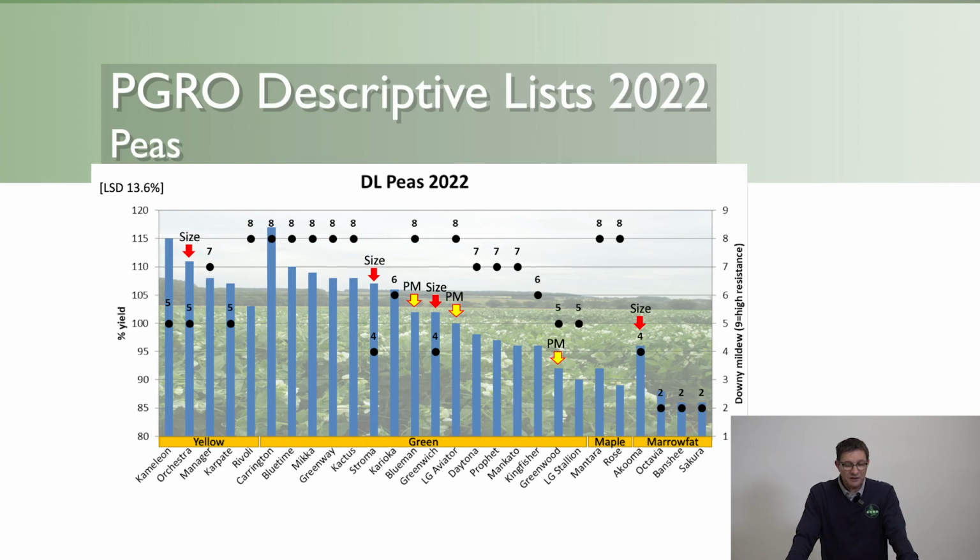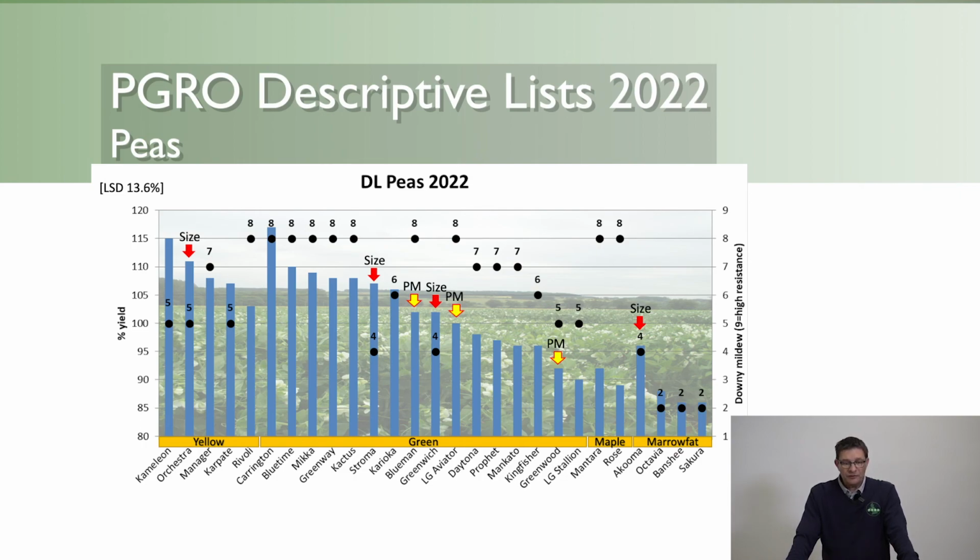In terms of size, within the yellows, Orchestra is the largest seeded at 311 grams. In the green seeded type, Stroma at 309 grams, Greenwich largest still at 320 grams, and in the marrowfat, Akuma is even larger at 405 grams, and that's in comparison to the standard marrowfat Sakura at 377 grams.